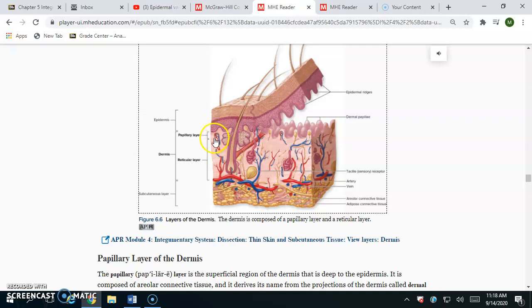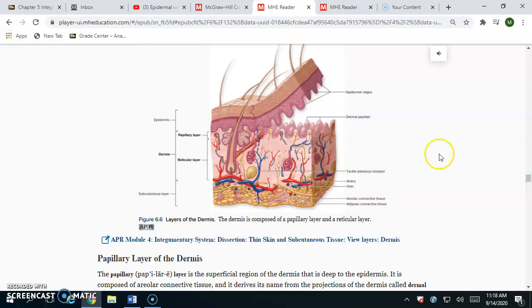Any nutrients and oxygen will diffuse, which means they'll move from an area of high concentration to an area of low concentration. They'll diffuse through the dermis and get to the living keratinocytes in the epidermis. That is how our epidermis gets its blood supply, since it doesn't actually have blood vessels within its tissue.